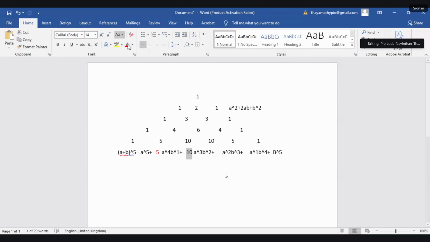I am showing this in red so you can identify it clearly. This is also 10. That next element is also 5. Then 1 is there, b is simple. Okay, 1 is there. So if you wish, you can put 1 into, no need.